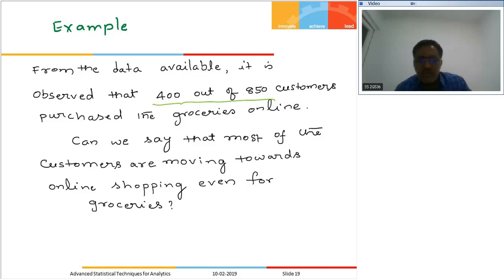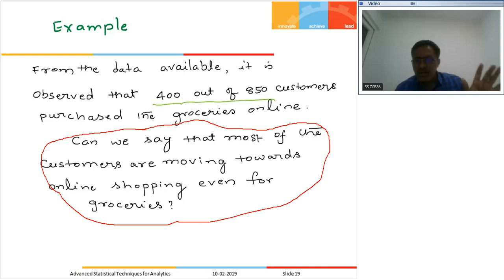What is the claim here? The claim is that customers are moving towards online shopping even to buy groceries, vegetables, etc. This is based on sampling, where they had a sample of 850 customers, out of which 400 opted for online shopping of vegetables.